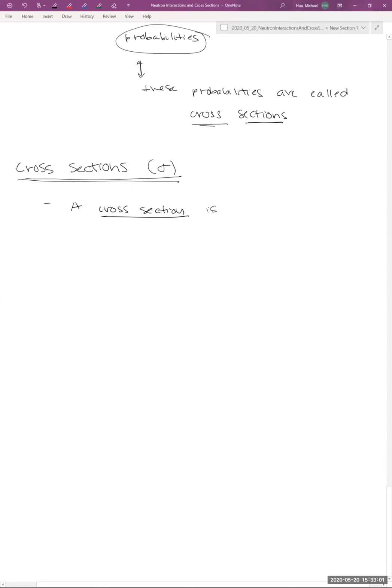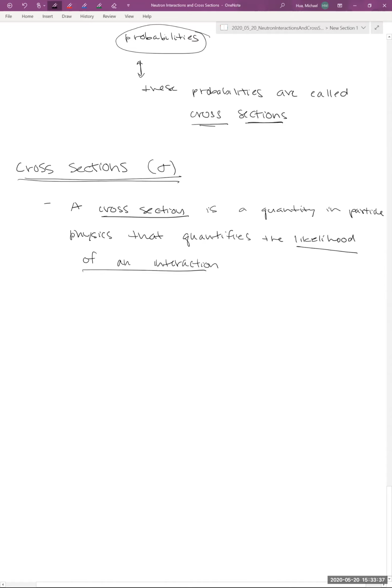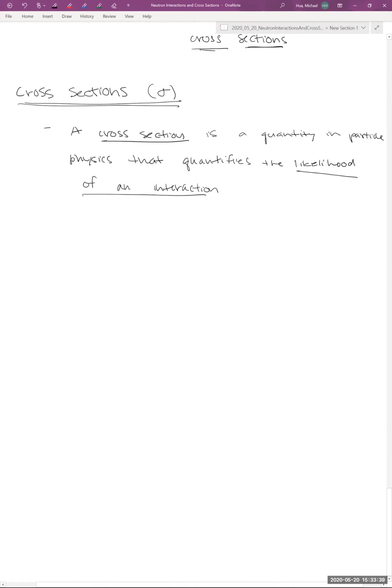So yeah, a cross section is a quantity in particle physics that quantifies the likelihood of an interaction. And these are fundamental quantities that we have to measure.